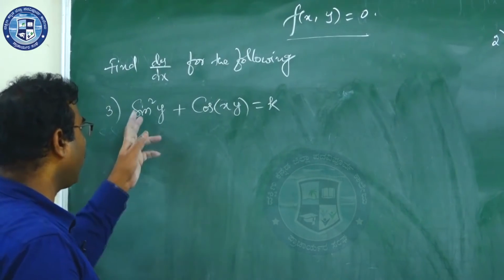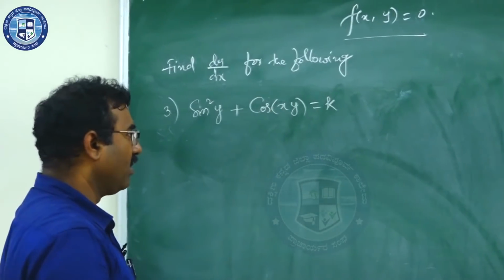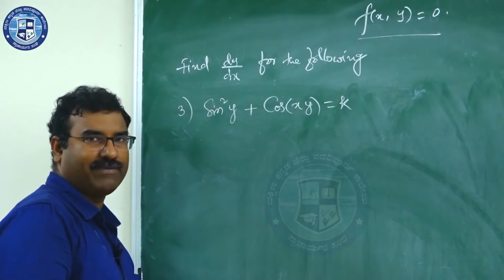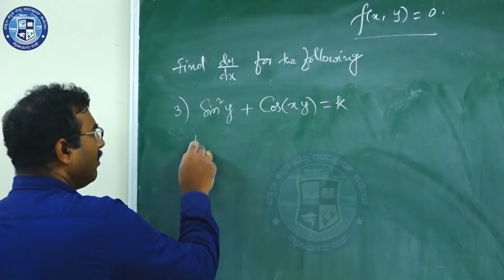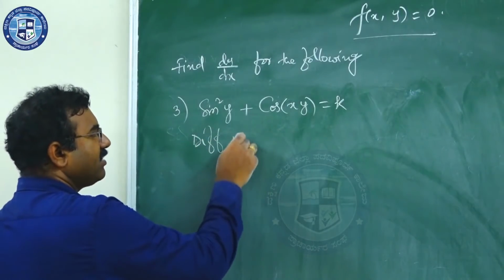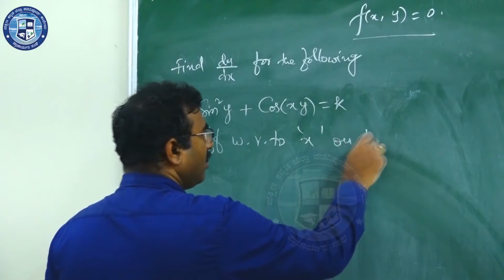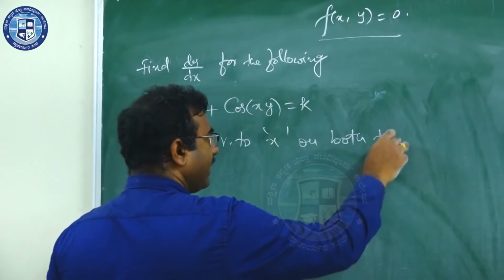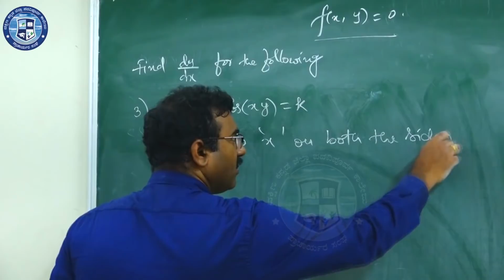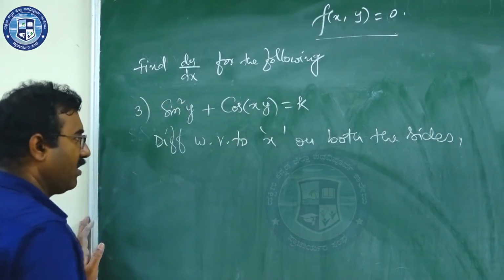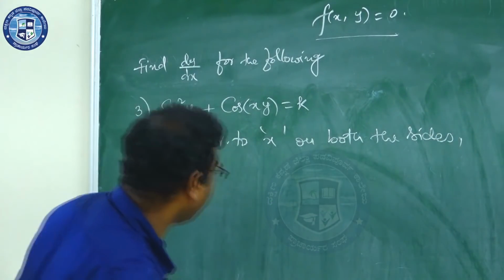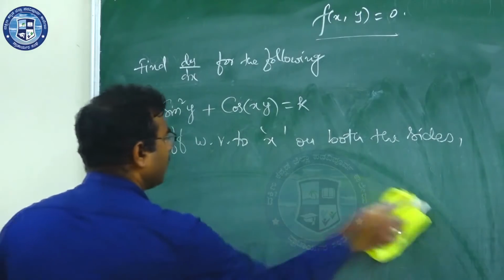This is sin squared y plus cos xy is equal to k. Now what do we do? Straight away we just differentiate with respect to x on both the sides.